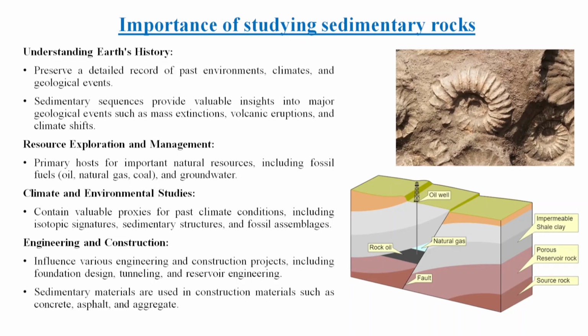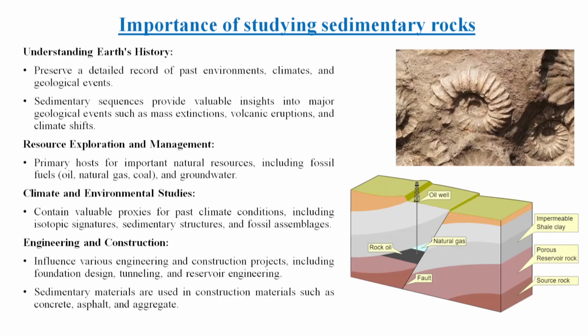Also, they provide valuable proxies for past climate conditions, including isotopic signatures. Sedimentary structures, like I was saying, are always primary in nature, and then there are your fossil assemblages. Different fossil assemblages might be present in a particular sedimentary rock.